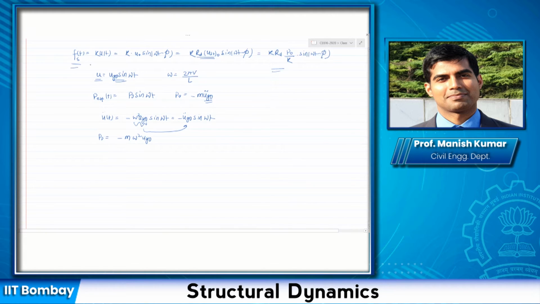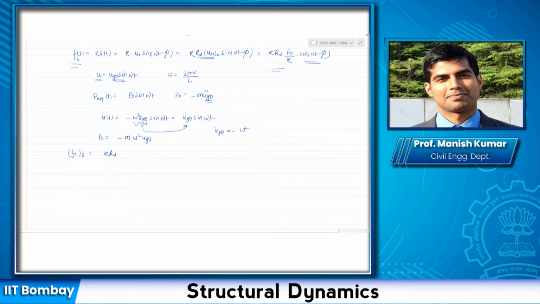So the maximum value of Fs would be whatever the coefficient of this one is. That would be k times Rd times P naught. And remember, ug naught here is actually negative.